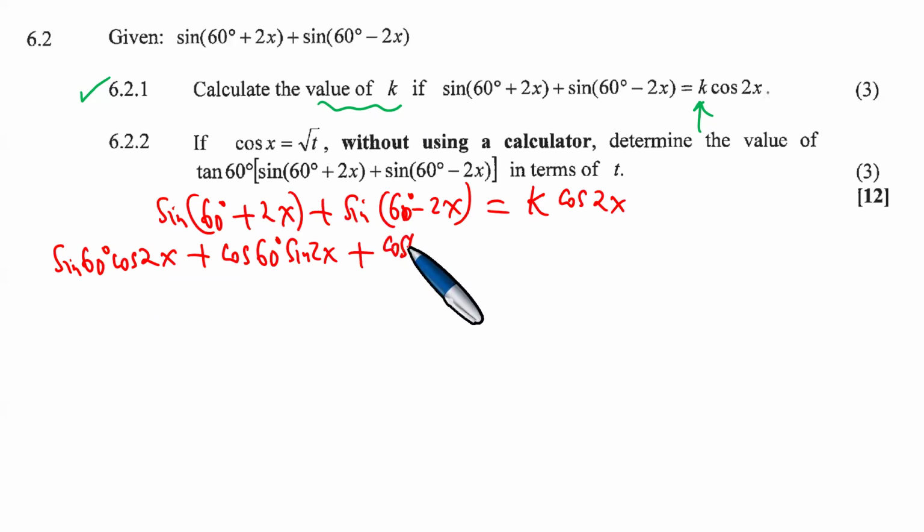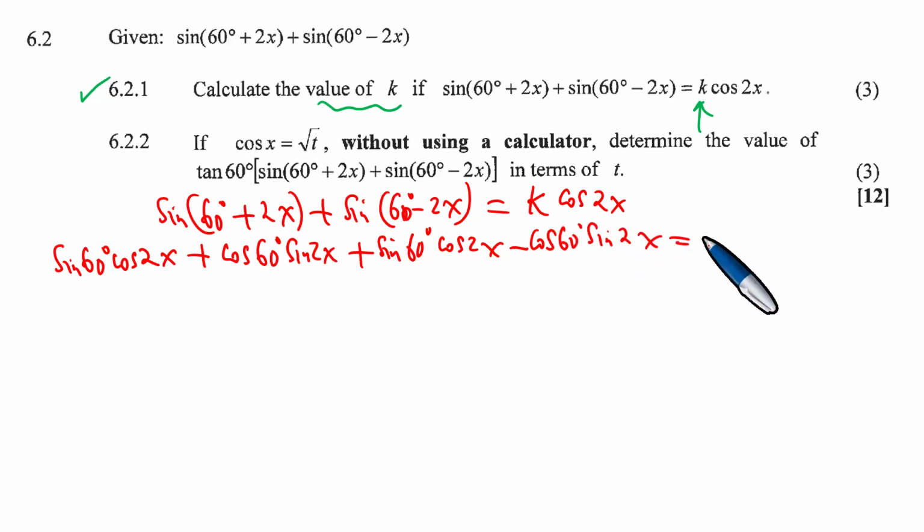Let's put this sign here. So we have here the sine of 60 degrees, and right here we have the sine of 60 degrees, and then we have cosine 2x minus cosine 60 degrees sine of 2x, and the result is k cosine 2x.